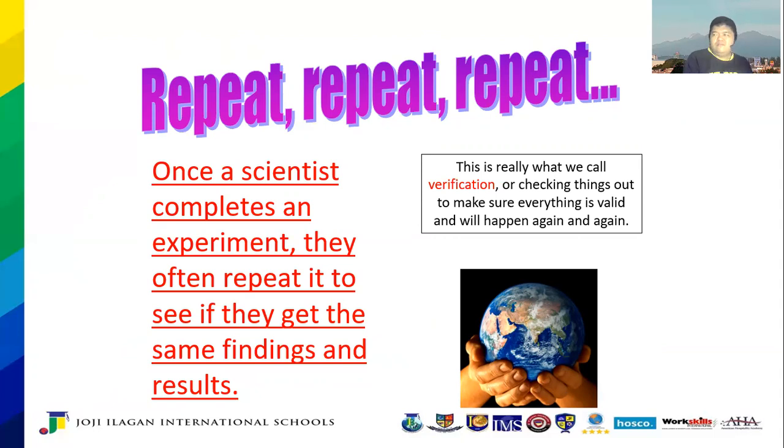So, ano nangyari? That is already a part of the verification process of the research that you have. It's actually verification. It checks things out to make sure everything is valid again and again and again until something happens. Ganun lang yan. Part of the scientific process. Scientific method.